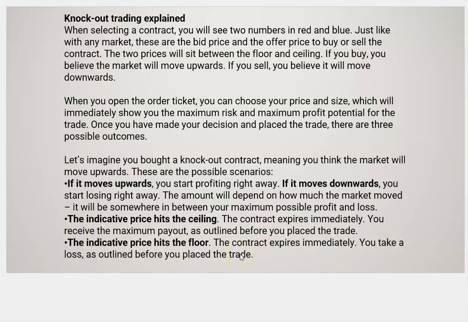Instead of maybe only risking $100, and for some reason something comes out, and you're long and the market crashes, instead of losing $500, $600, $700 as you would if you're trading an outright forex contract, or a future contract or a stock, it's limited. You're not going to get wiped out. You're going to know what that is before you get in. So you have that buffer on your downside as well.